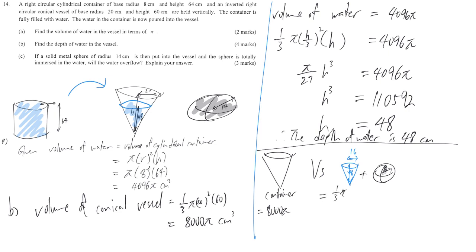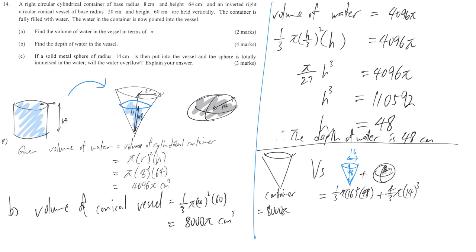1/3 pi r squared h, where r is 16 while the height is 48, and then plus this one, 4/3 pi r cubed, where r here is 14 from the question.